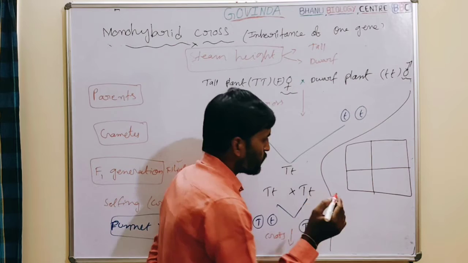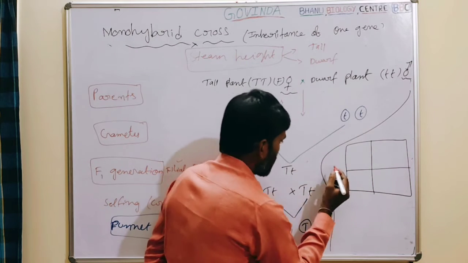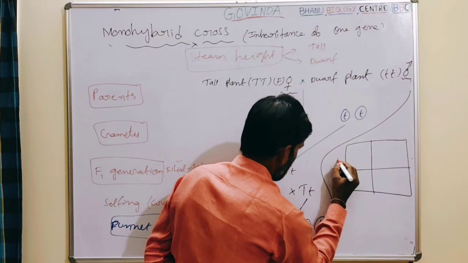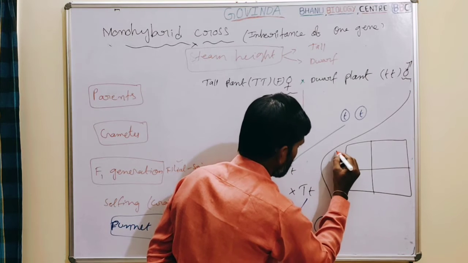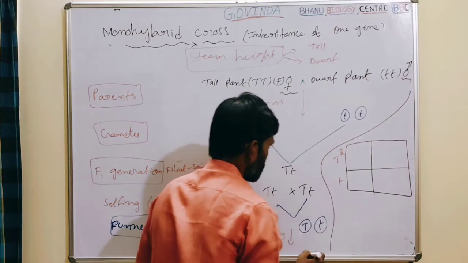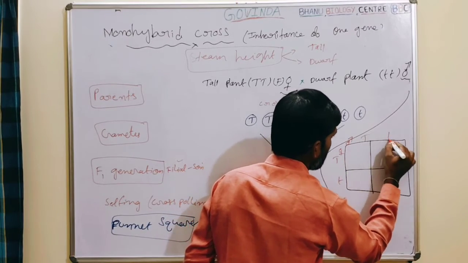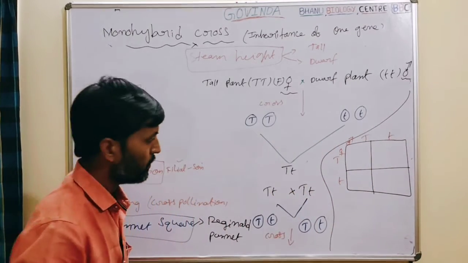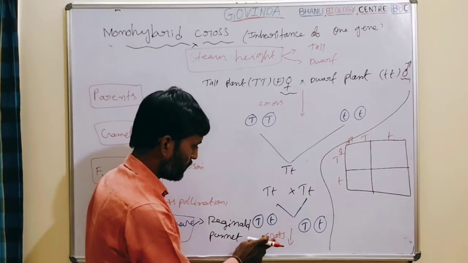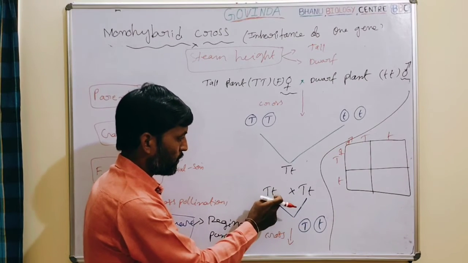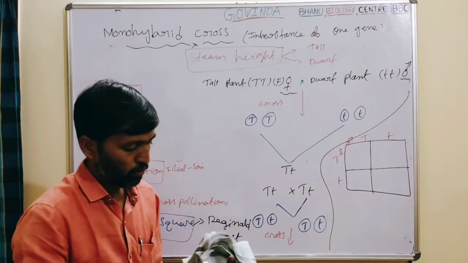Here the female gametes are always taken vertically, capital T, small t, these are the female gametes. The male gametes are always taken horizontally, capital T and small t. From where did I write these gametes? The gametes from the F1 generation plants only.